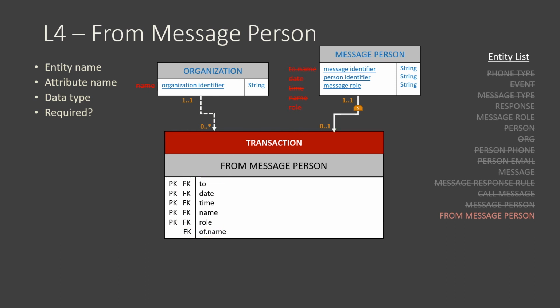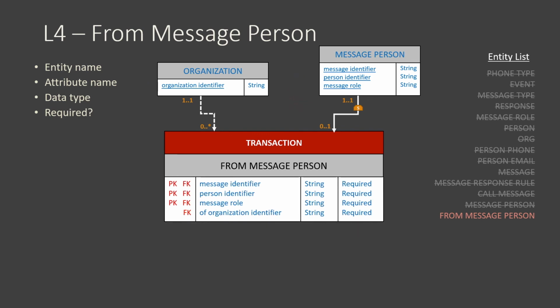Again, these attributes need to be refreshed with the updated names. All string data types are inherited, and all attributes are marked as required due to the 1-1 notation on their parent relationship ends, as shown.